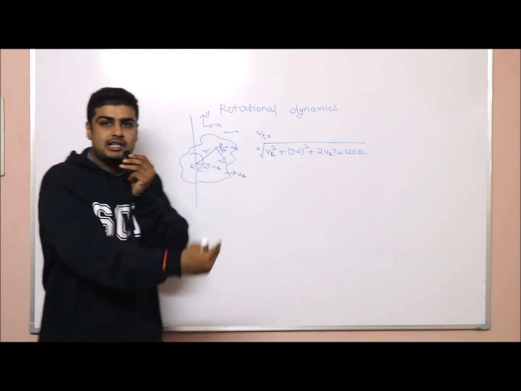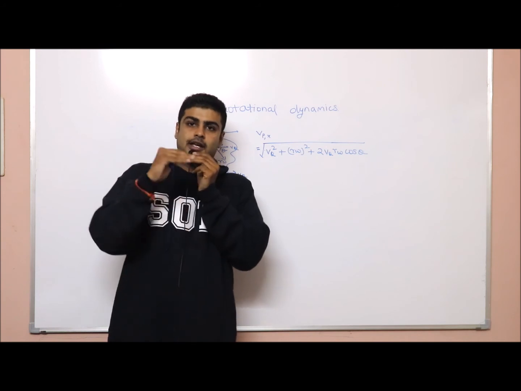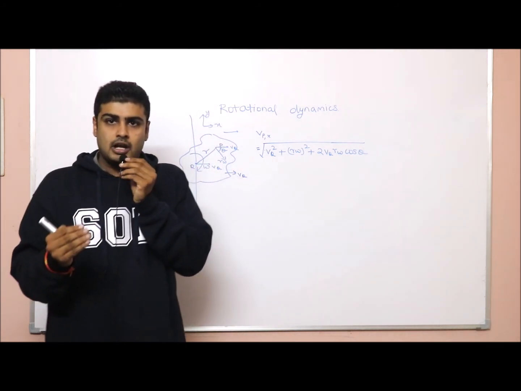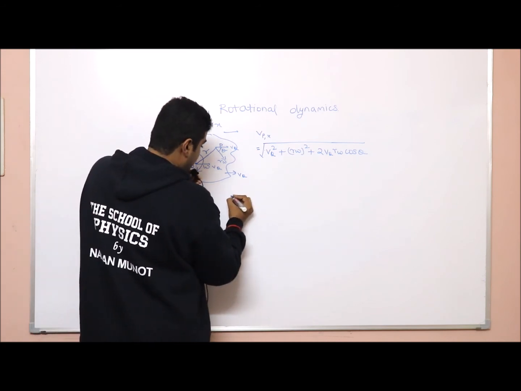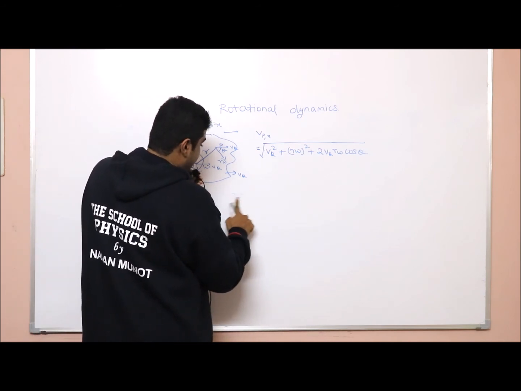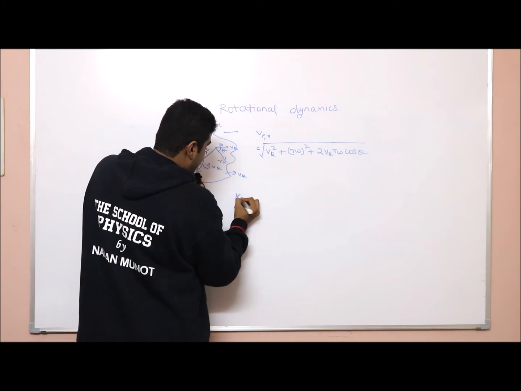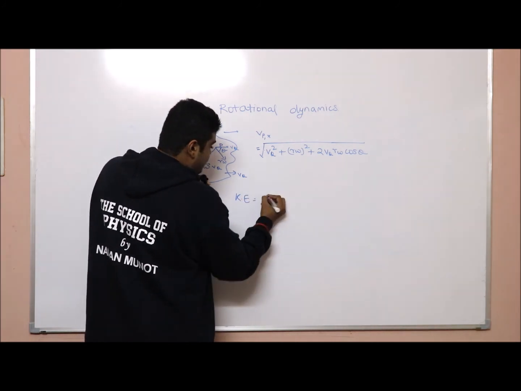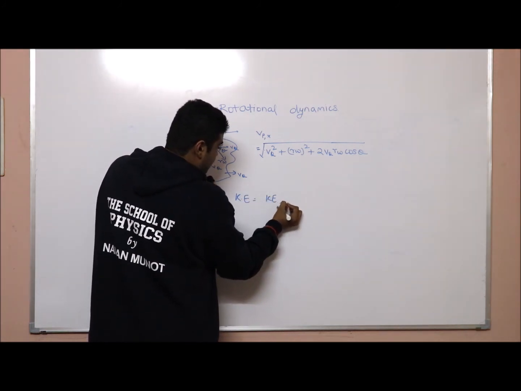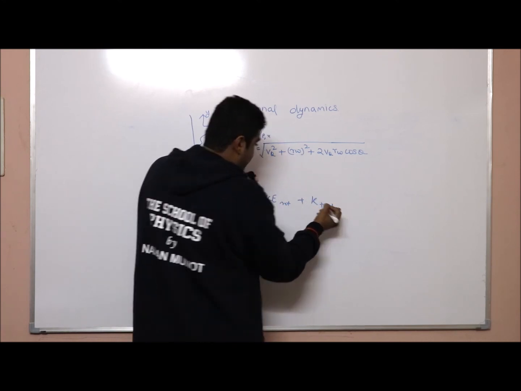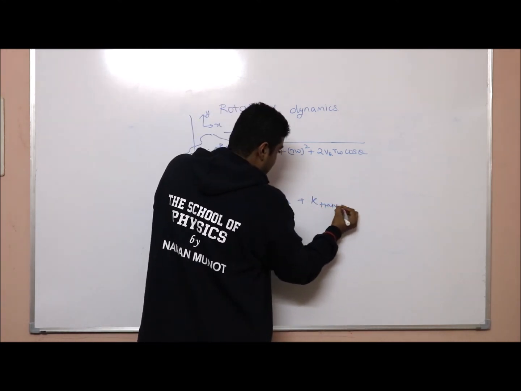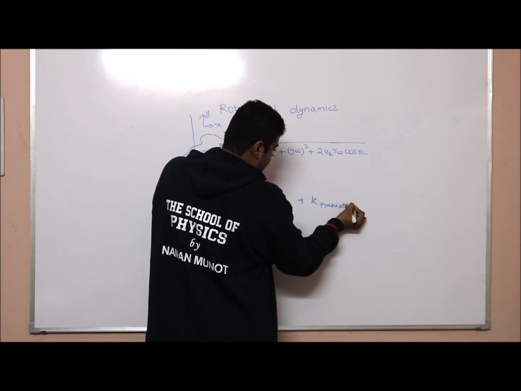Now direct formula questions will come on this. Suppose there is a rotation around the center of mass. Now the direct question that will come is, what is the total kinetic energy of the system? So it will be kinetic energy rotational plus kinetic energy translational.